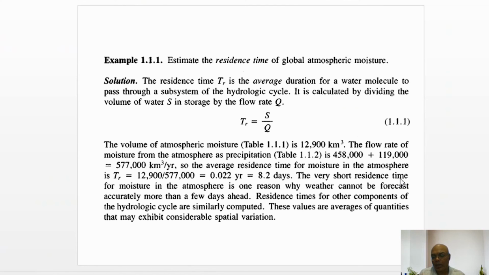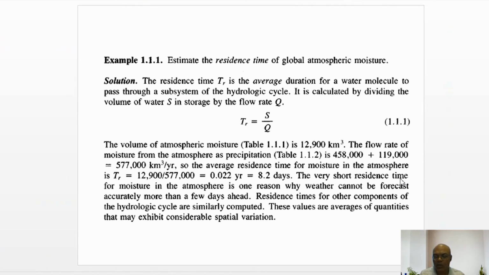Residence time in rivers is some time, and residence time in groundwater is different. Then the residence time of a water molecule in the atmosphere is from the time it evaporates and becomes water vapor until it falls as precipitation.